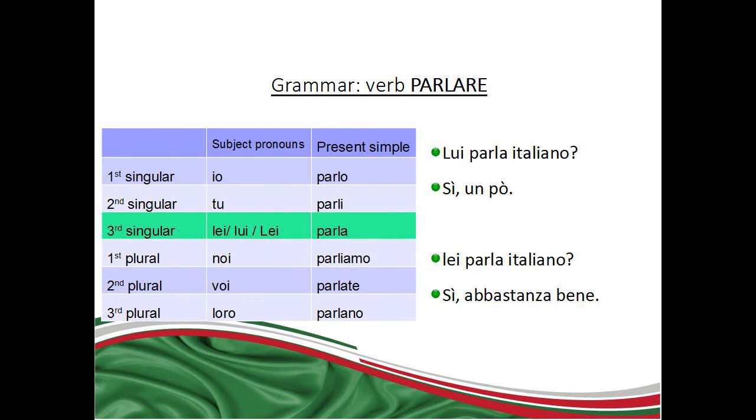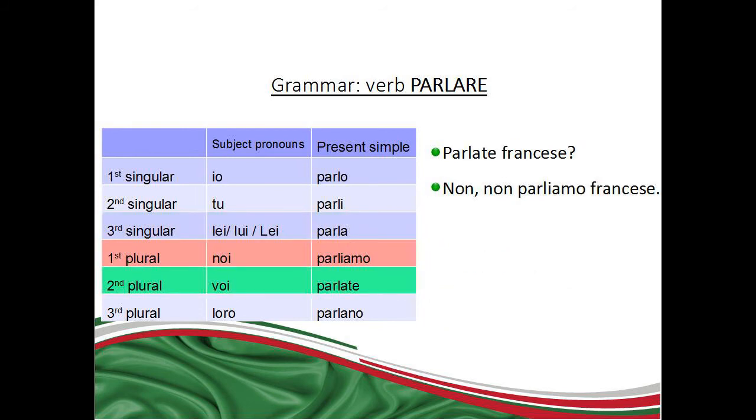Lei parla italiano? Does she speak Italian? Sì, abbastanza bene. Yes, pretty good. Parlate francese? Do you speak French? No, non parliamo francese.